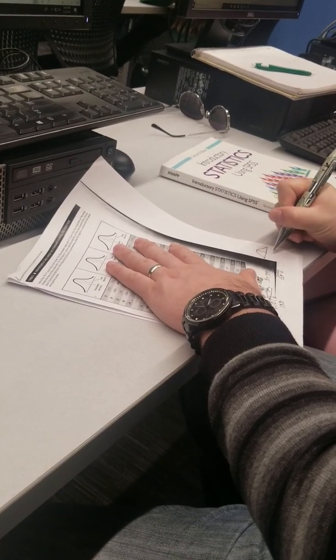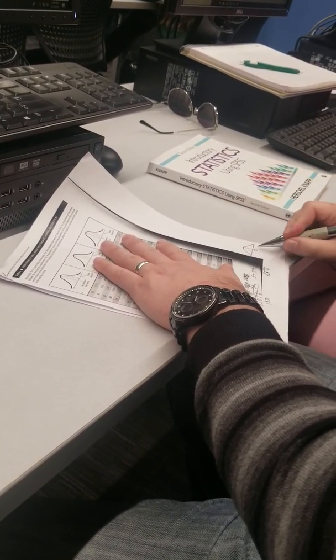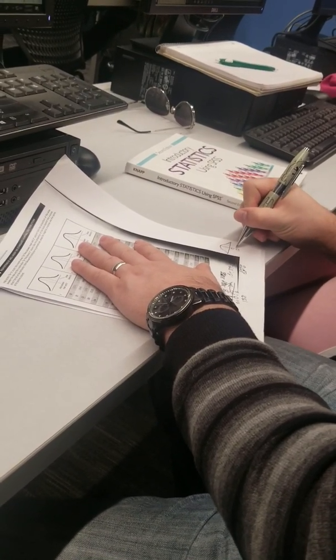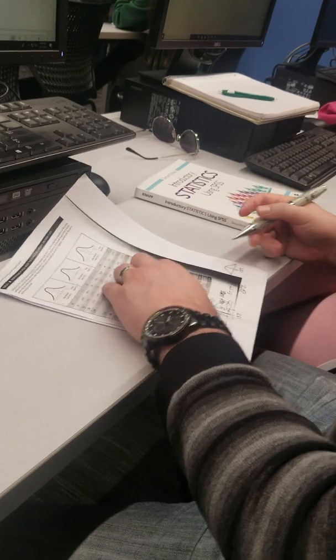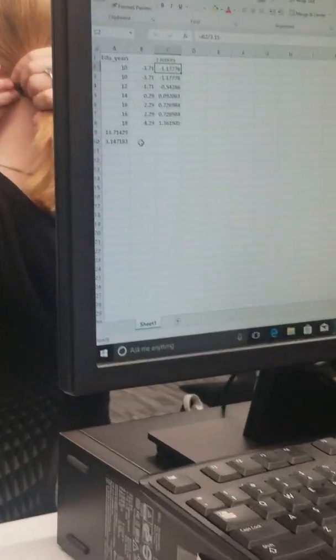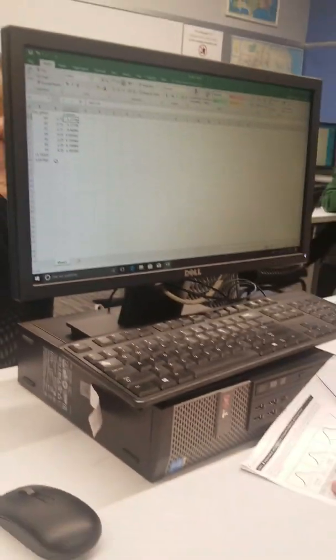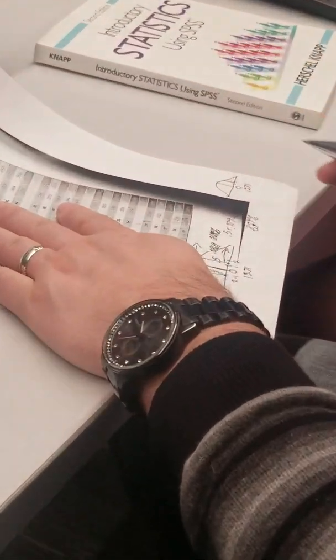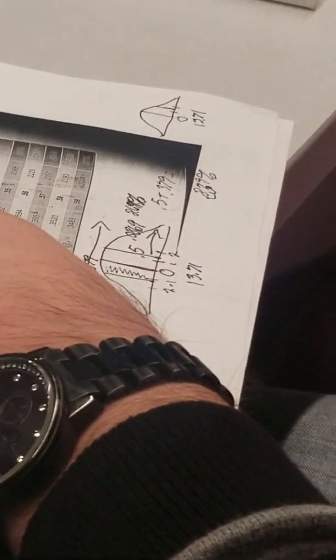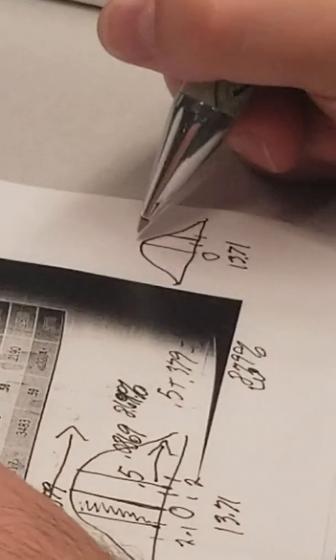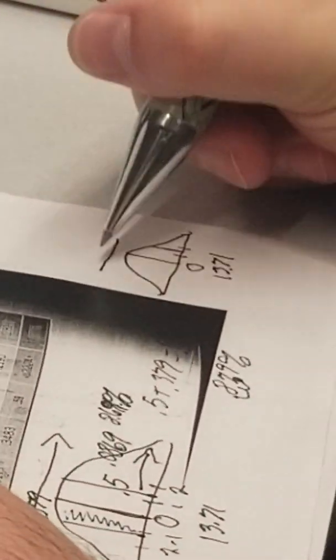So there's our standard deviation, our z-score, and it's also 13.71. With the same value, we're still working with 18. So here's 1, 2, so it's right about there. Now, if I said how much of the population has an education less than a master's degree, you would need to give me all this information here.